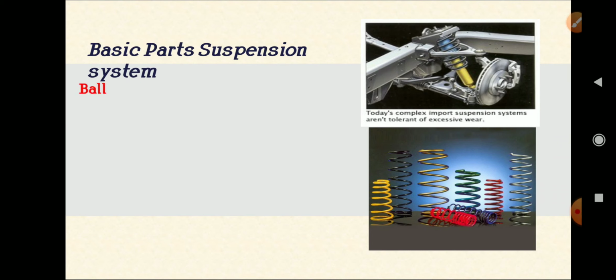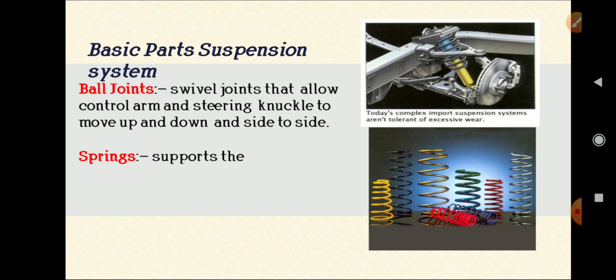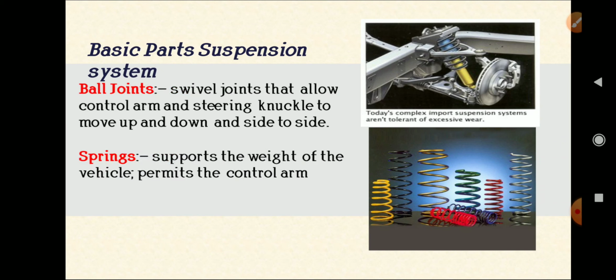First is the ball joint, also called a swivel joint, which allows the control arm and steering knuckle to move up and down and side to side. And the springs: we can use a coil spring or leaf spring that supports the weight of the vehicle and permits the control arm and wheel to move up and down.